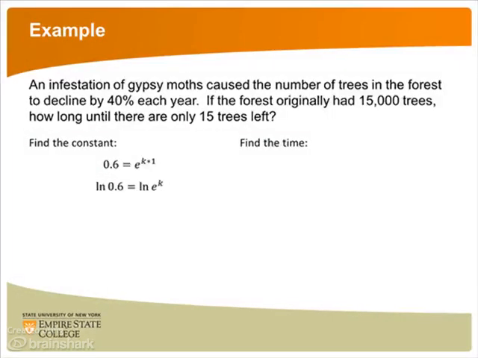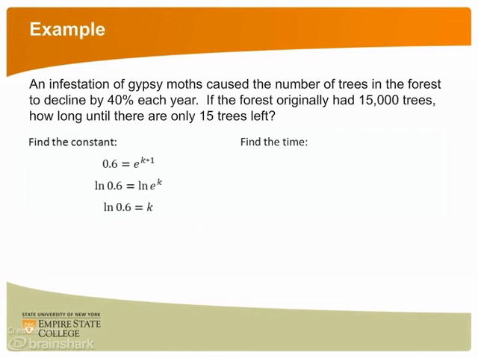We take the natural logarithm of each side of the equation. Because natural logarithm and e raised to a power are inverse functions, they cancel each other out. We are left with the natural logarithm of 0.6 equal to k. Using a calculator, we find that k is approximately equal to negative 0.5108.